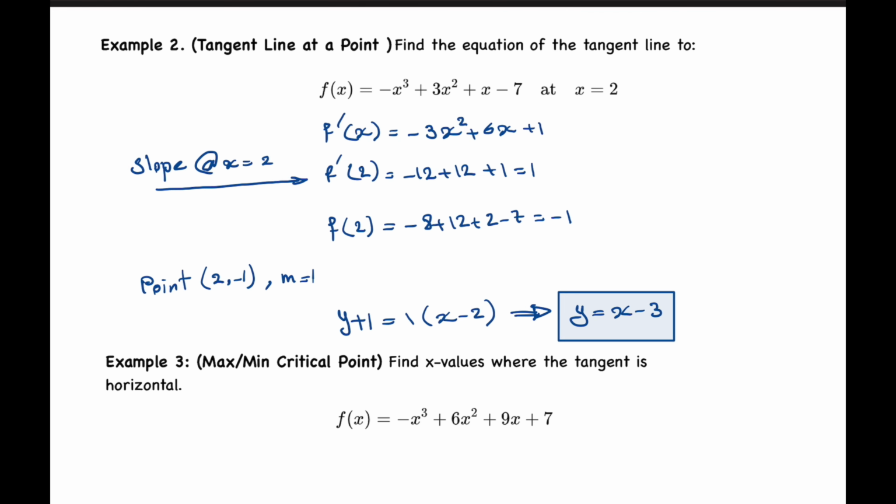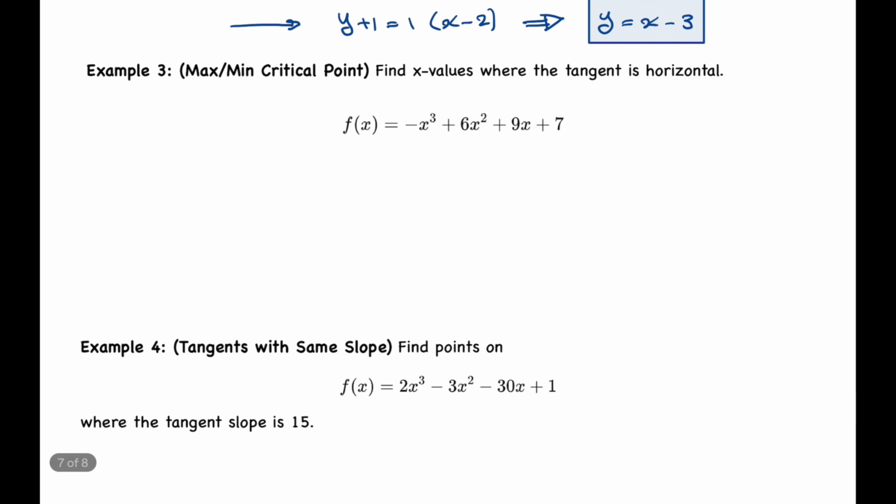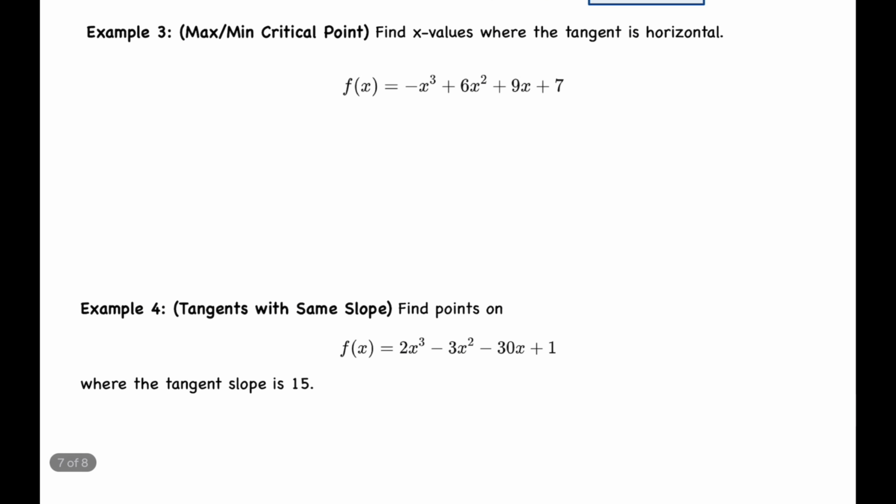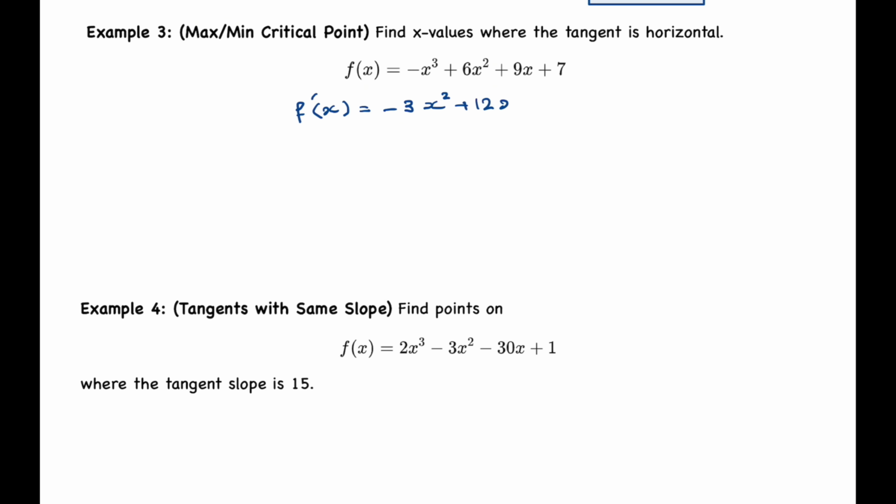Example 3. We want to find where the function f(x) = -x^3 + 6x^2 + 9x + 7 has a horizontal tangent. That means we're looking for where the derivative equals 0. Take the derivative: -3x^2 + 12x + 9. Set that equal to 0.